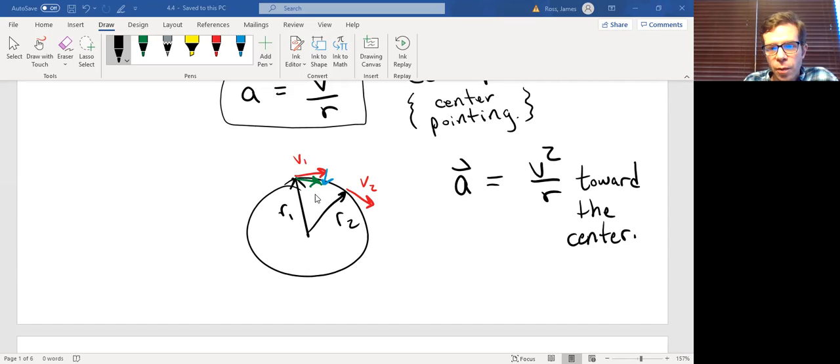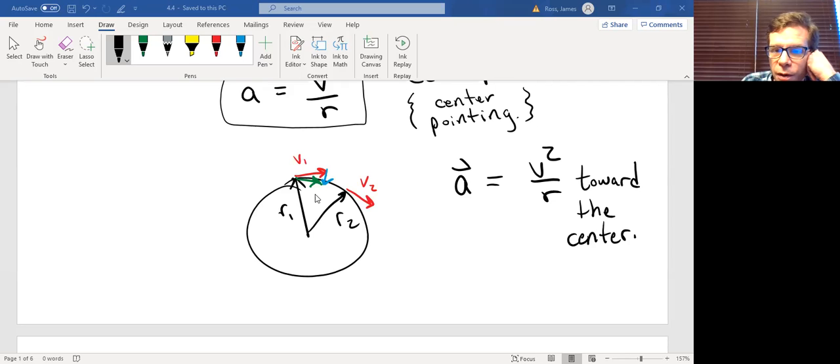I just want to look at a roller coaster track here, and we can consider the curvature of this part and the curvature of this part, and think about what direction our accelerations are.